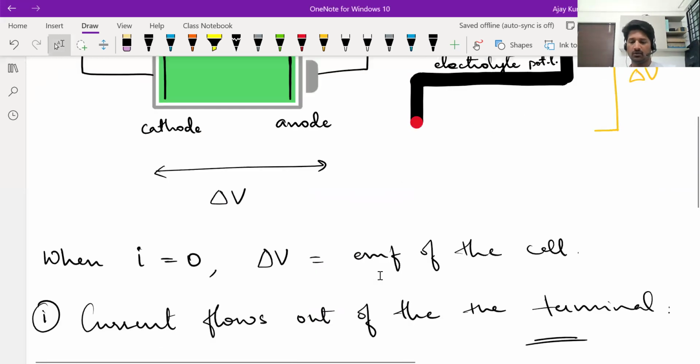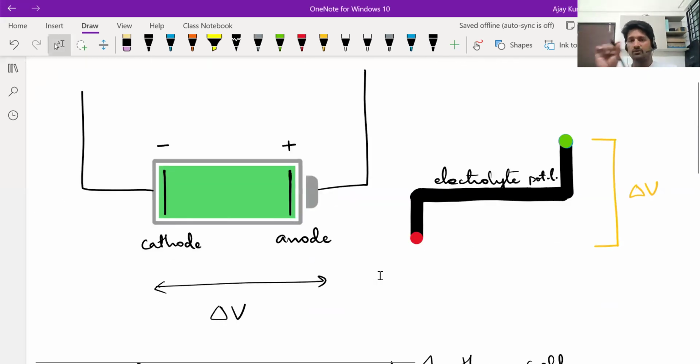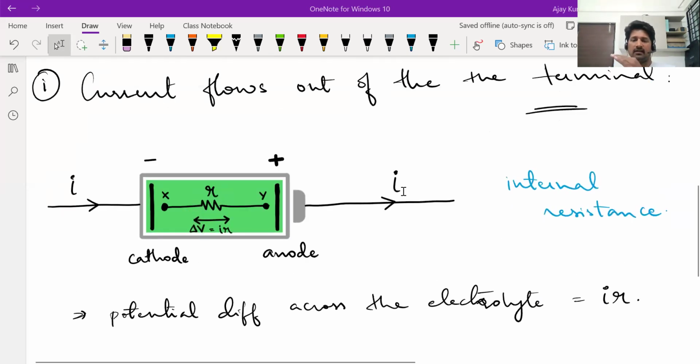When no current flows through the cell, the entire electrolyte will be at the same potential. There won't be any potential difference between 2 points in that electrolyte. But now, when current flows through the cell, there will be a potential difference across it. So it will create some difference to how the battery functions.